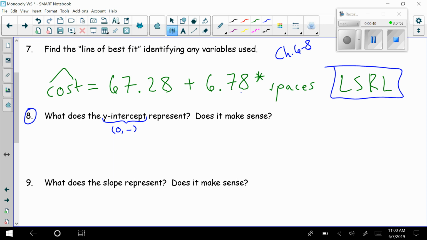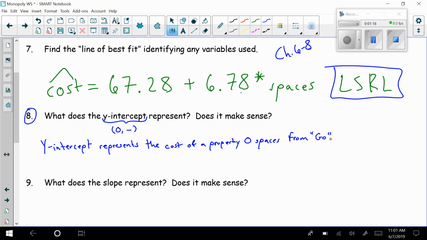So the y-intercept represents the cost of a property 0 spaces from go, which essentially means the y-intercept represents the cost of the space go.